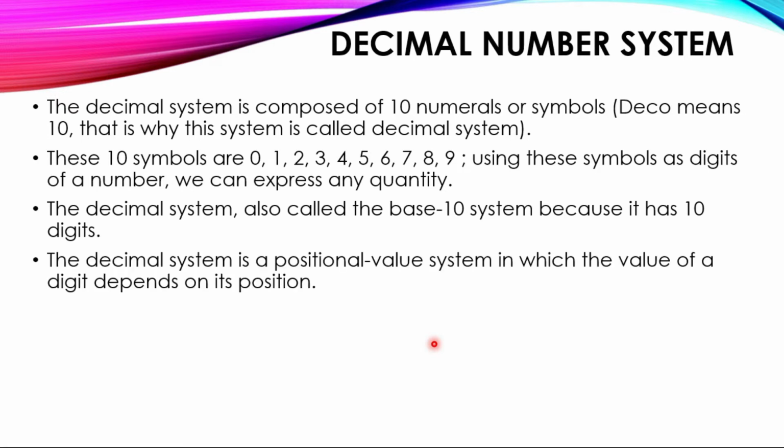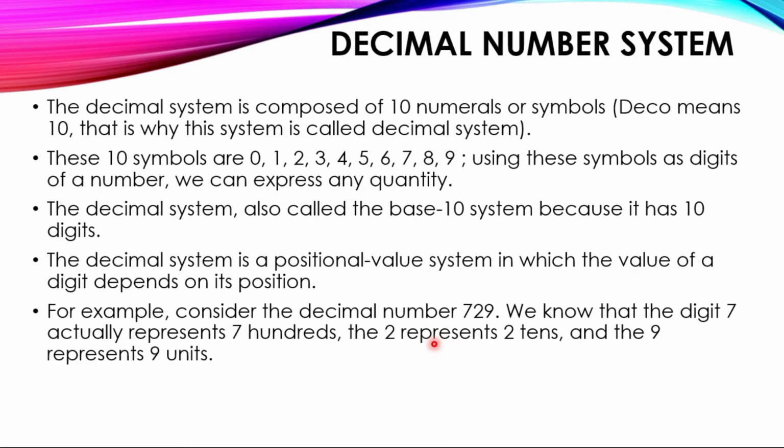The decimal system is a positional value system in which the value of a digit depends on its position. So depending on the position, whether it is units, hundreds, tens, that value is determined. For example, consider the decimal number 729. We know that the digit 7 actually represents 700.